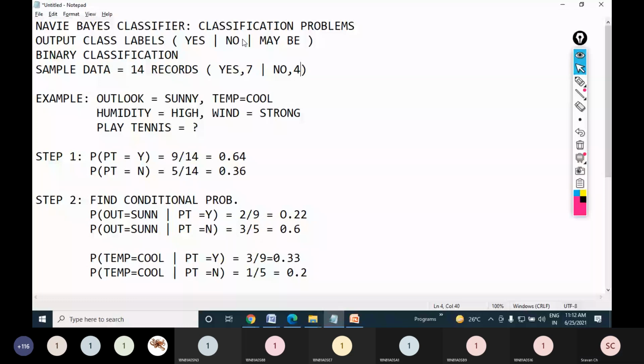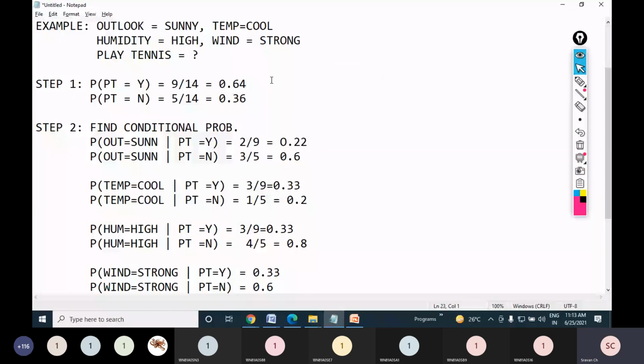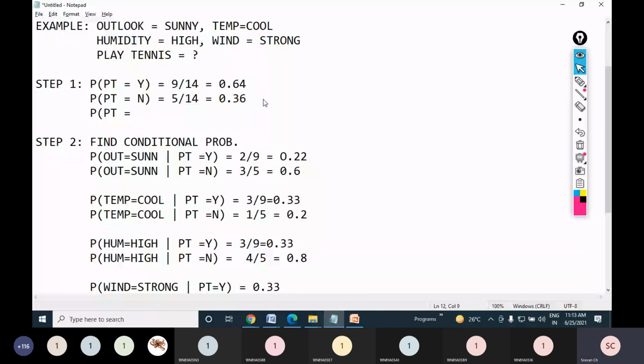Now when I deal with probabilities, I will find one more probability now, P of maybe. This maybe does not look good. We call it as yes, no, tied.